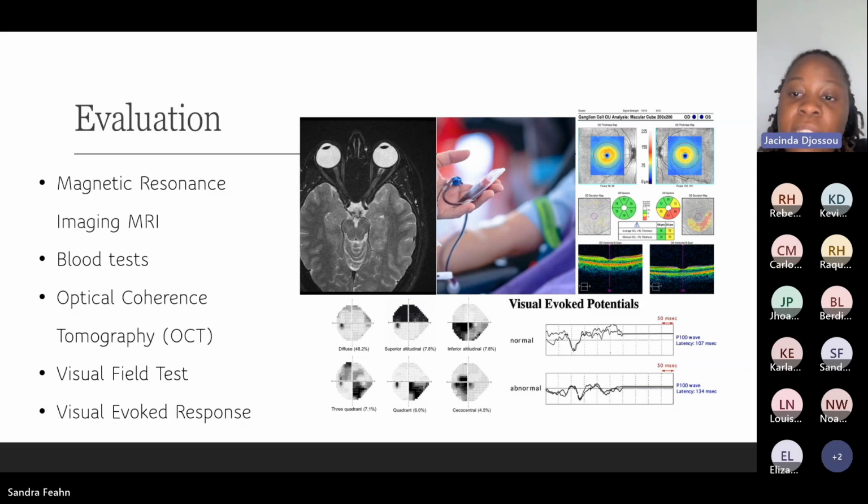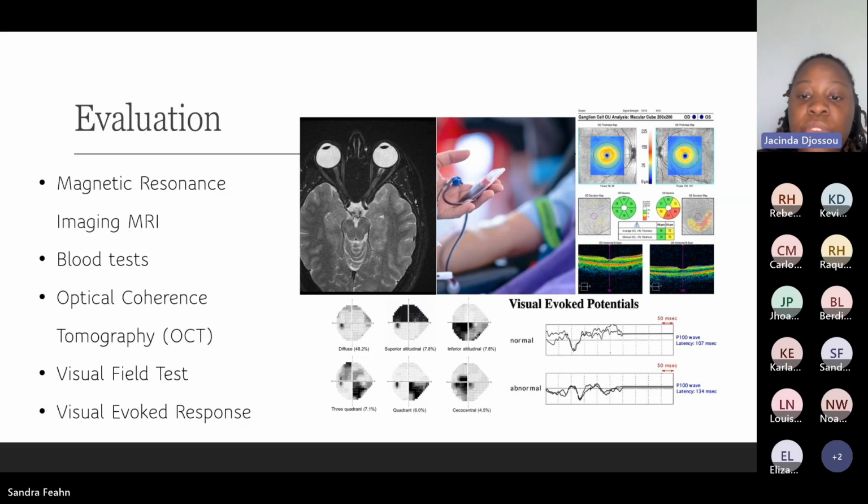So this is mainly done to test for myelin oligodendrocyte glycoprotein antibodies, as well as optical coherence tomography, or OCT, to measure the thickness of the eye's retinal nerve fiber, as well as to see if it's appearing thinner, which would be a characteristic of optic neuritis.